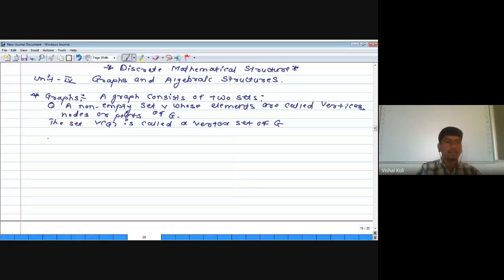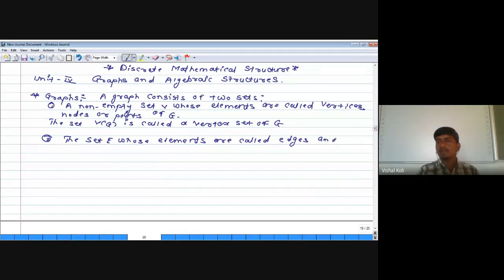And the second one is the set E, whose elements are called edges. And the set E of G is called the edge set of G.